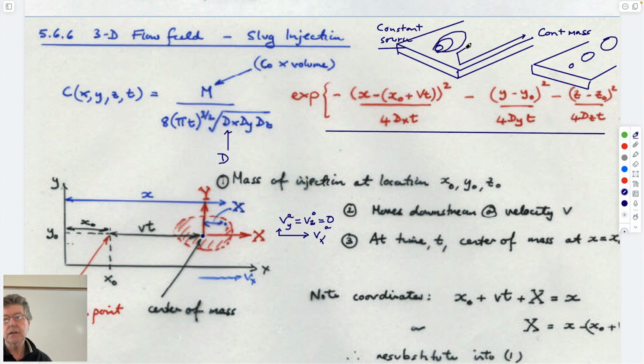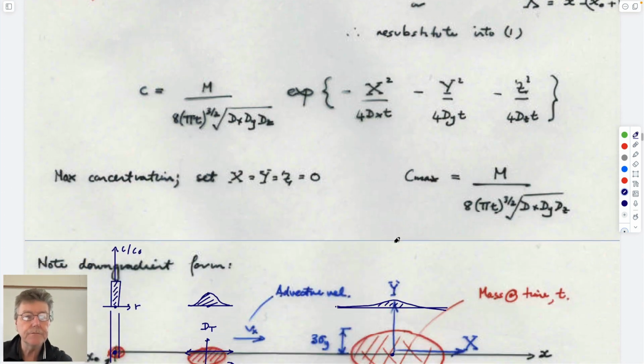If you looked at this in cross section, it would look like this. At one time, and then at a later time, it would look like this, and at an even later time, it would look like this. If you did this one with concentration, this is concentration, then it would look like this.